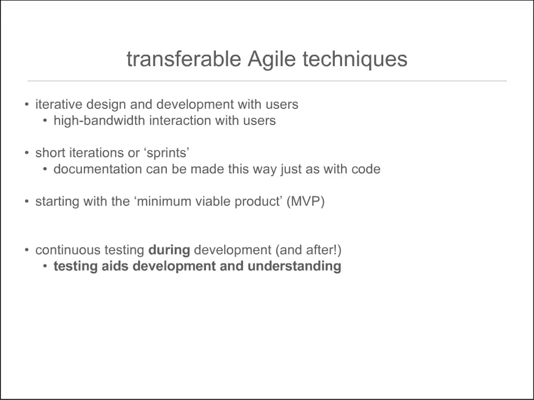I think that documentation can be made that way just as readily as software code. Another principle is starting with the minimum viable product, the MVP. From the beginning, you want to get something which is workable as early as you possibly can. I think that principle can also be applied to data application profile development, and I think that's what we did.